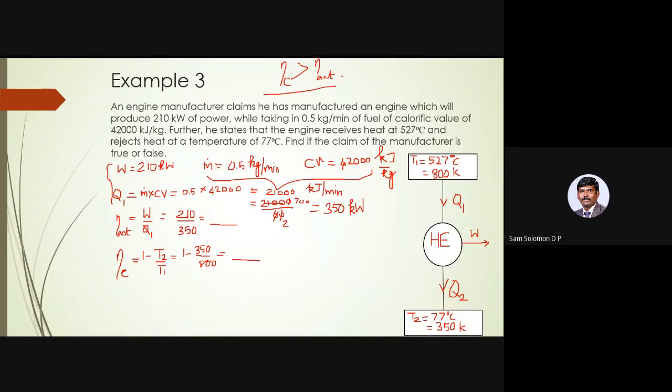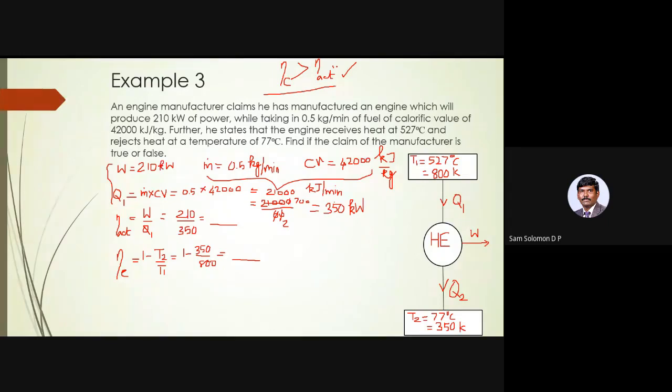If this condition is matched, then the claim of the manufacturer is correct. If this condition is not matched, say the actual efficiency is greater than the Carnot efficiency, then the claim of the manufacturer is false. He is cheating. So the Carnot efficiency is supposed to be greater than the actual efficiency.